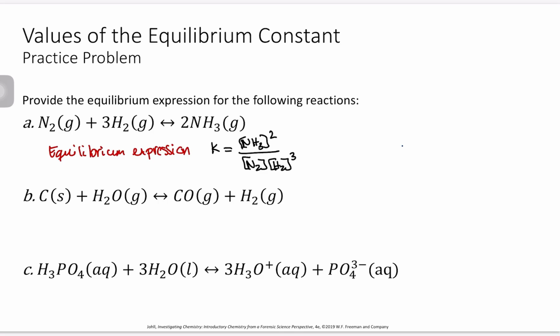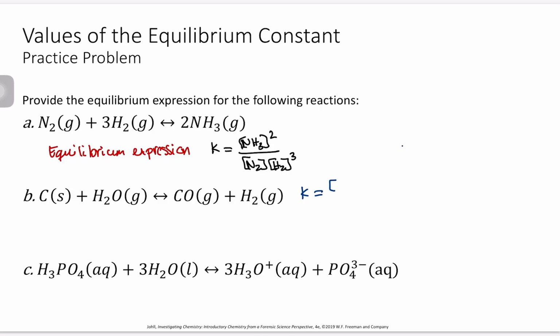In our second example, I want you to look at the states. In our first example, all of the states were the same, so we had a homogeneous equilibrium. In our second example, not all of the states are the same, so we have a heterogeneous equilibrium. Now, when we write out our equilibrium expression, K equals and it's products over reactants, we look at it in terms of concentration.